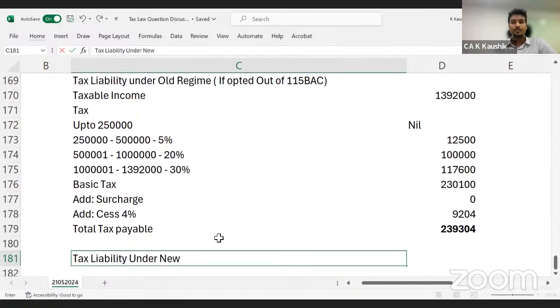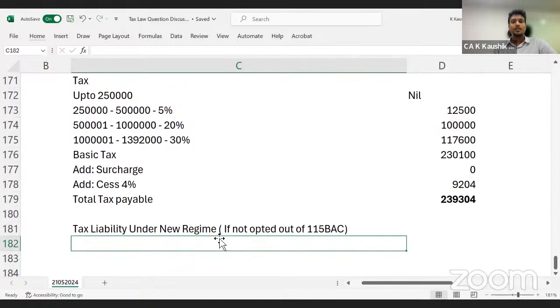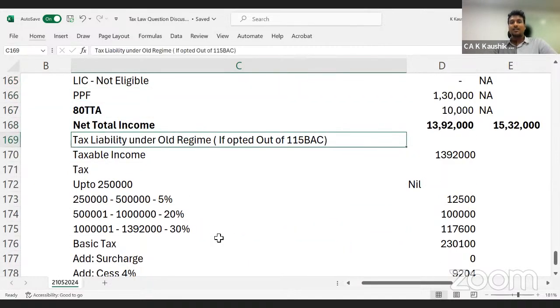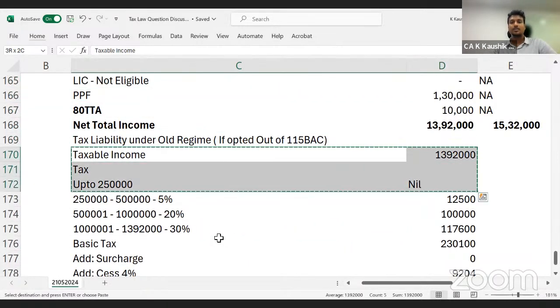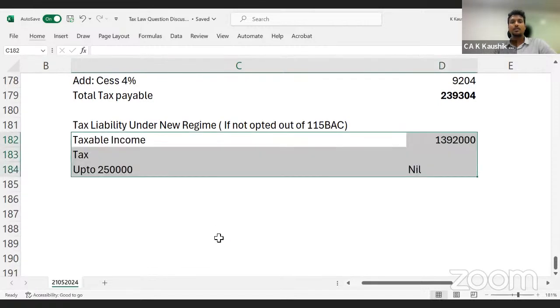Now tax liability under the new regime, if not opted out of 115 BAC. Same thing, but different slab rates, correct? We'll start from here.